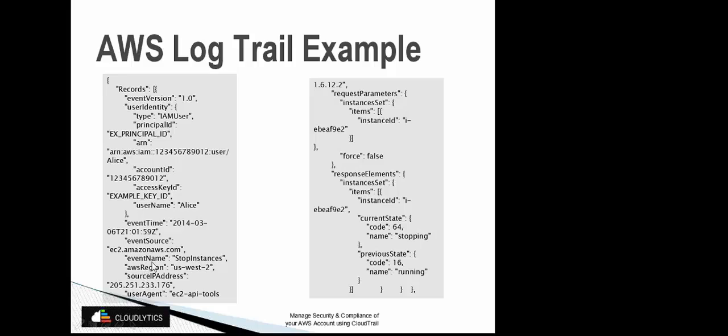You can see the event name: she stopped instances. When, the event time, and from where, that is the source IP address. There is some additional information provided in these logs, that is your request parameters and also your response elements. So you can say that Alice, as an IAM user, stopped the instance, that is, here you can see the instance ID, at so and so time.